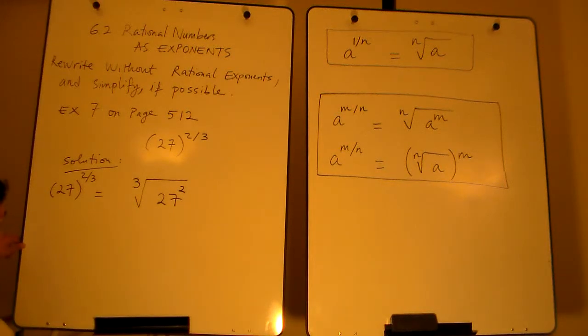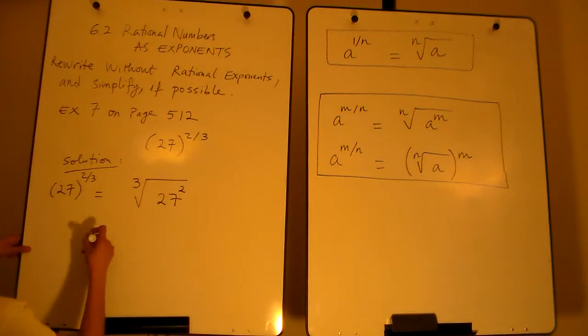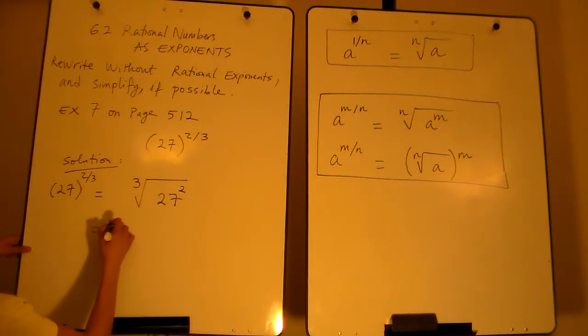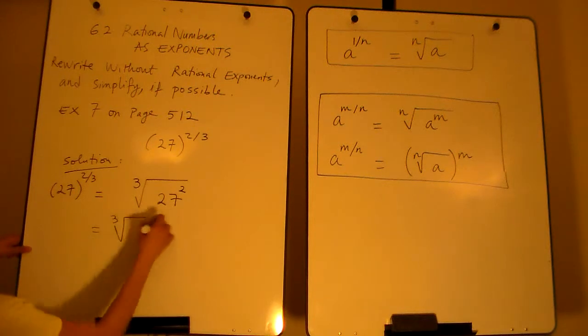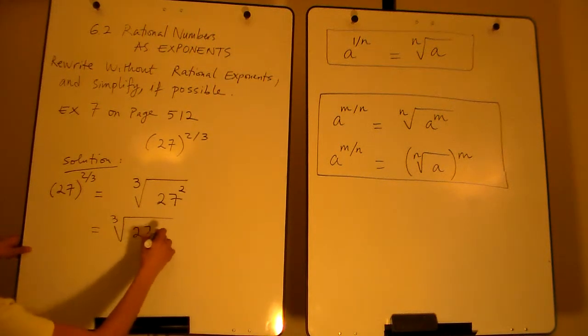If you simplify this, how would you simplify it? It looks a little bit difficult to simplify, but it's doable. Let's try. You have the cube root of 27. Now 27, you can rewrite as 27 times 27.